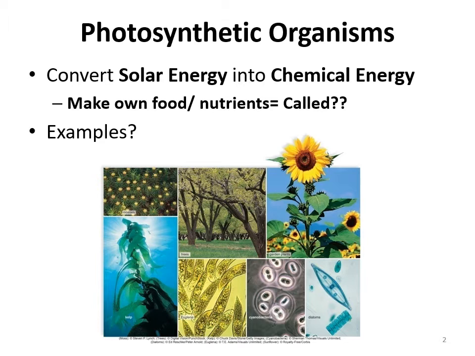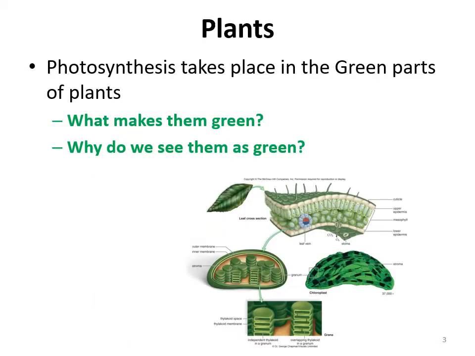These organisms include plants, algae, and cyanobacteria, which I've mentioned as some of the first organisms to exist. Okay, so plants, algae, and cyanobacteria are all examples of photosynthetic organisms.